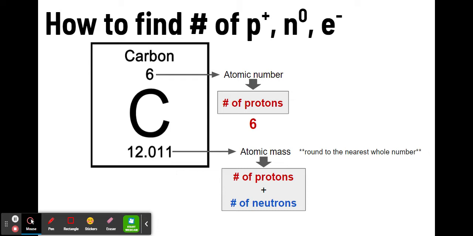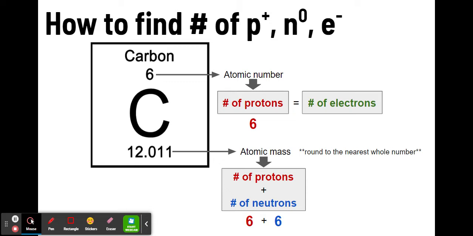So in your head, think I have 6 protons plus some number of neutrons that I'm trying to figure out equals 12. 6 plus something equals 12. That something is the number of neutrons. How many would that be? It would have to be 6. 6 plus 6 equals 12.